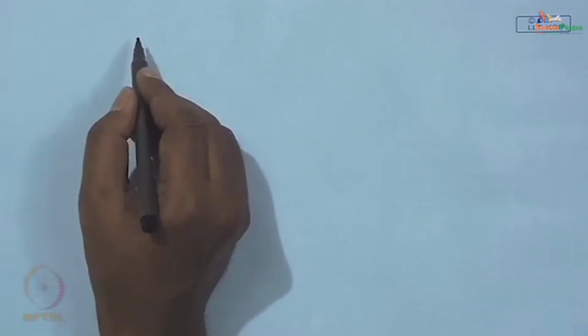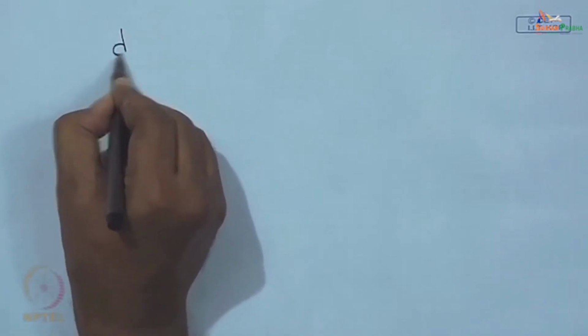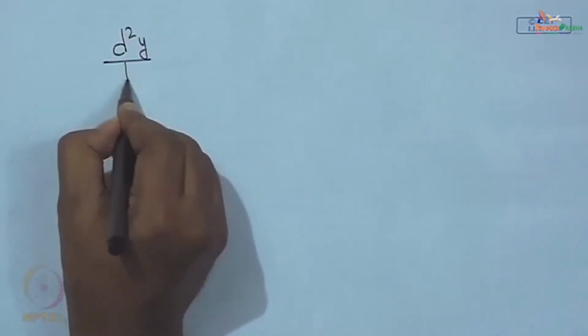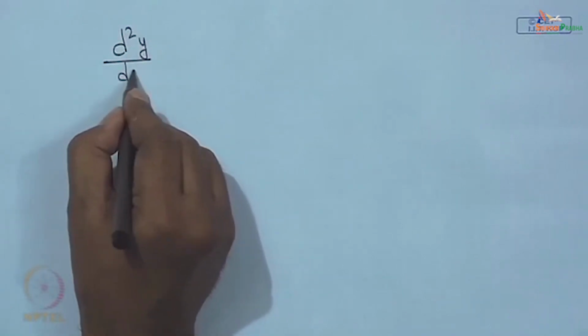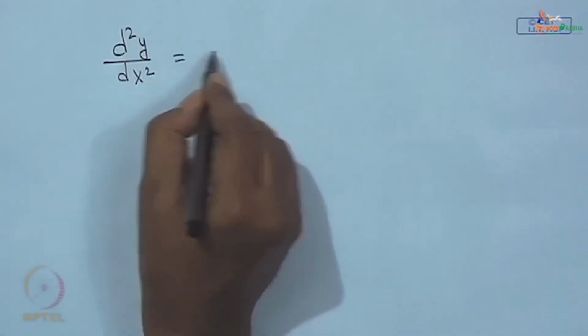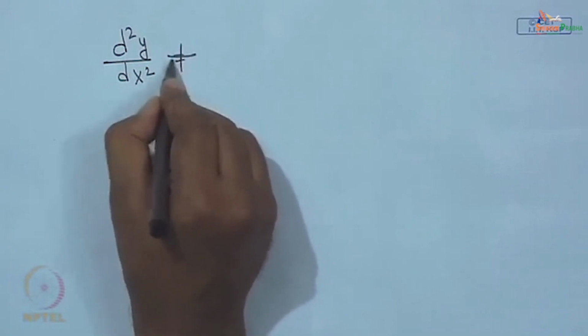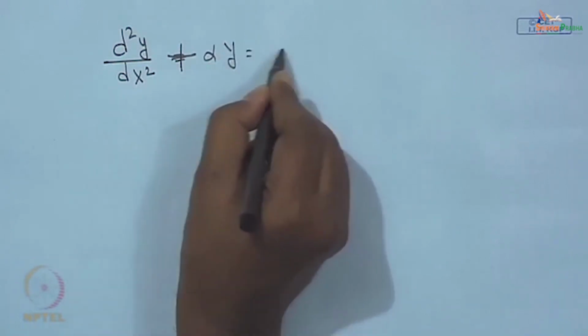So, again we look into the problem in a different way by changing the boundary condition. The form of the equation remains the same: d square y dx square plus lambda y is equal to 0.